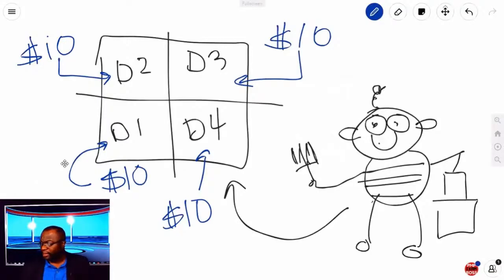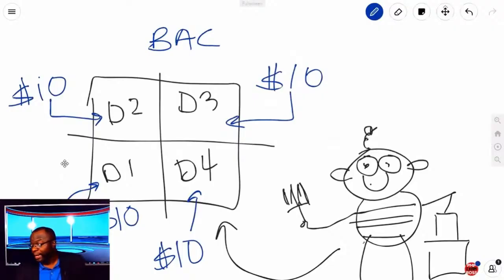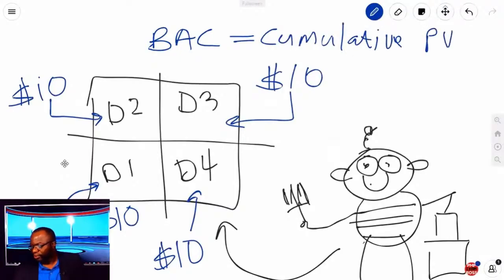He says, "Yes. In fact, let me introduce you to a metric that summarizes all of this." And that metric is the BAC, the budget at completion, which is known as your cumulative planned value.